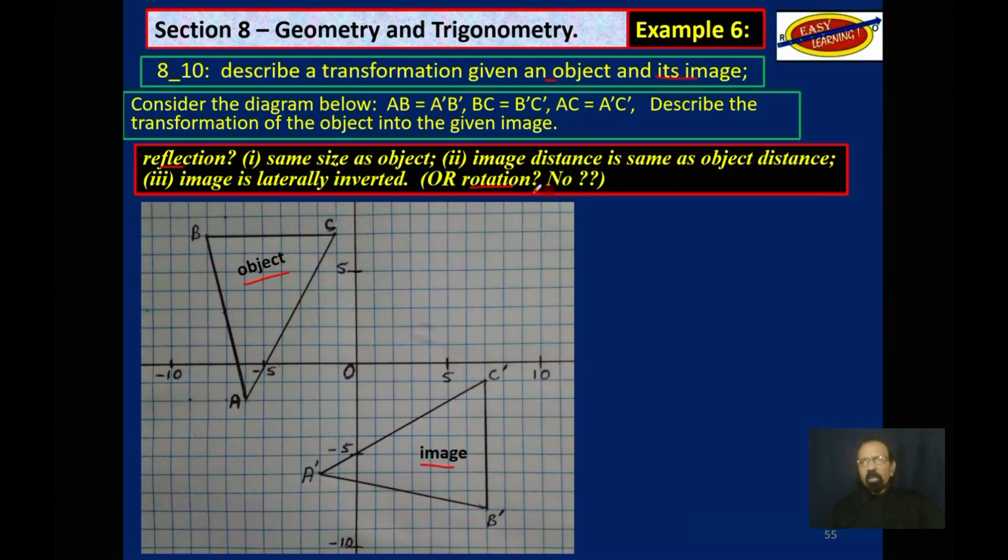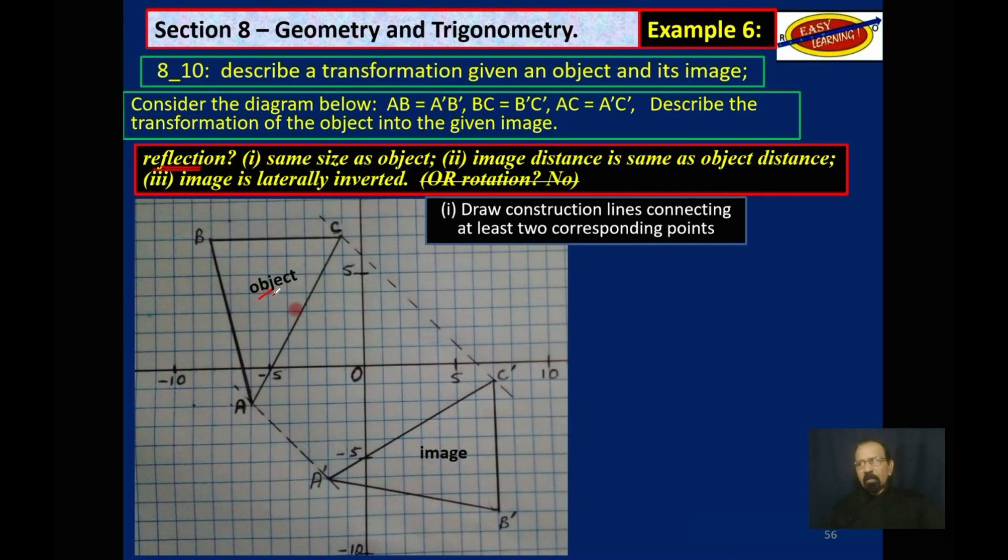So it's not rotation, because while that may satisfy rotation, this does not. That is C. This point here should actually be B prime, and that point down there should be C prime. So it's not rotation. Get rid of rotation. So most likely it is reflection.